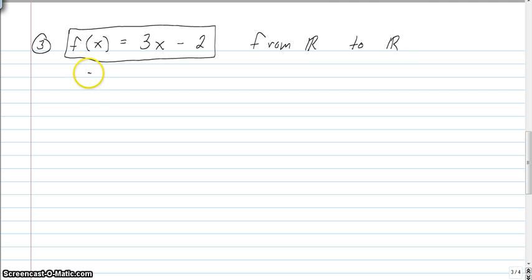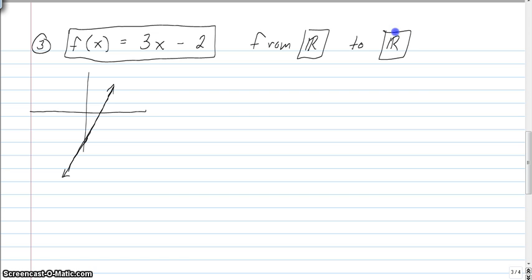That makes sense because if you think about the graph of a line, this has a y-intercept at -2 and a slope of 3, something like this, just a quick rough sketch. You know that the domain and the range of a linear function are both all real numbers, so this domain and codomain makes sense.